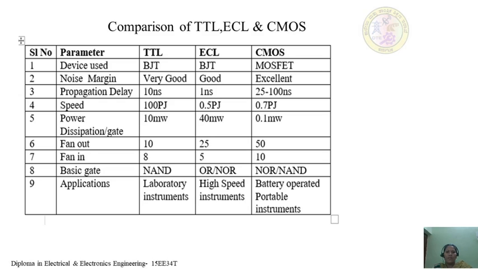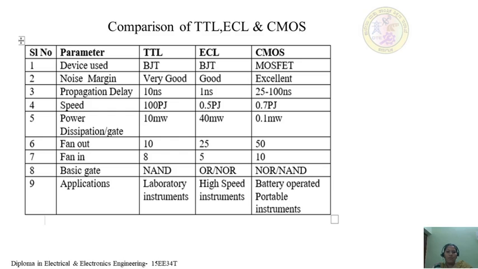The next parameter is the power dissipation per gate. The TTL dissipates a power of 10 milliwatts, ECL 40 milliwatts, CMOS 0.1 milliwatts. From these three logic families, we can say the CMOS requires a very small amount of power for its operation when compared to the TTL and ECL.